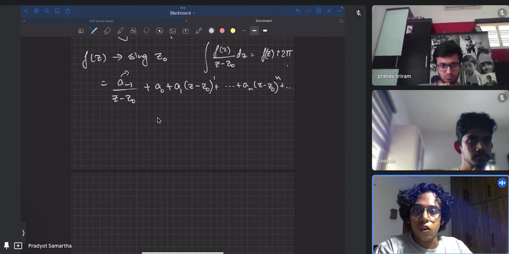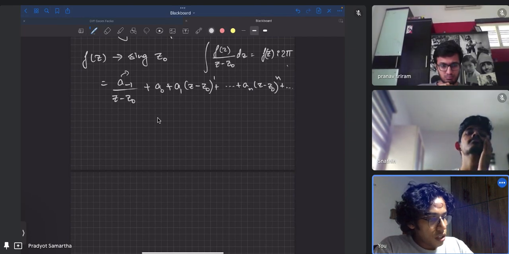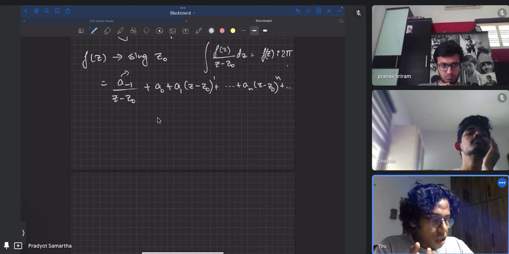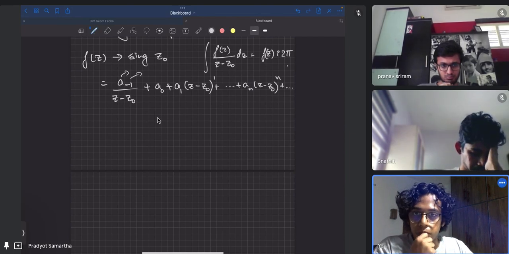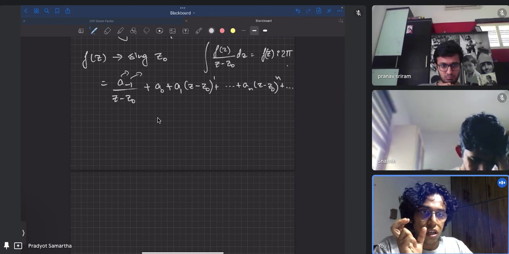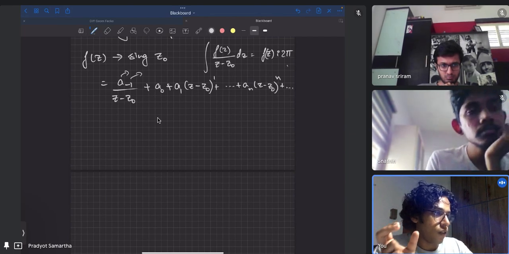So this is your Laurent expansion. Essentially the idea is that you can get the residue in terms of a minus 1. It gives you the coefficient for the residue.